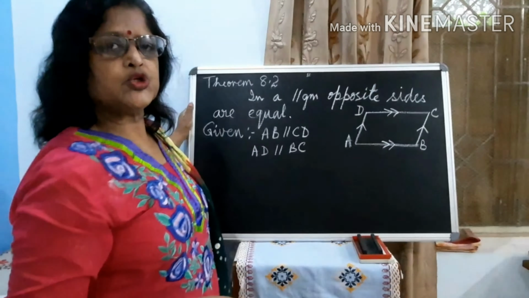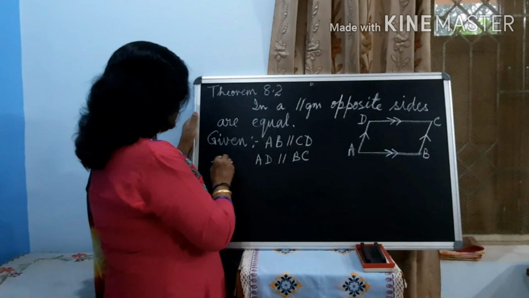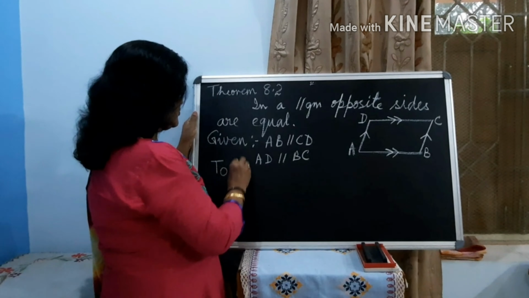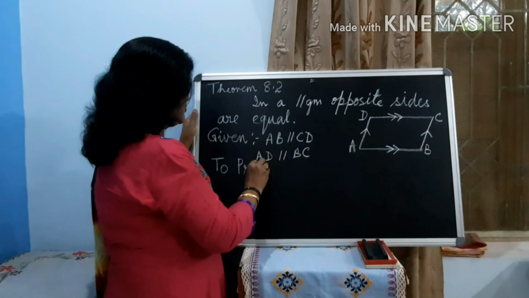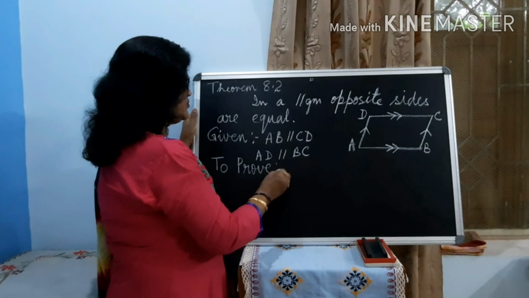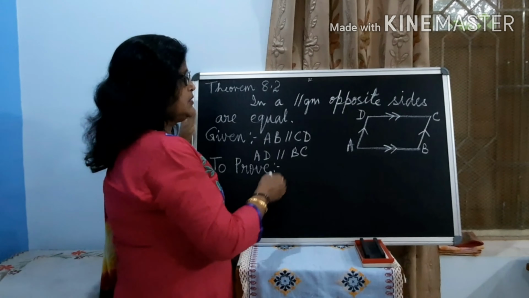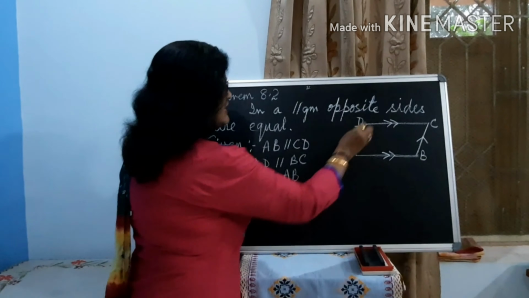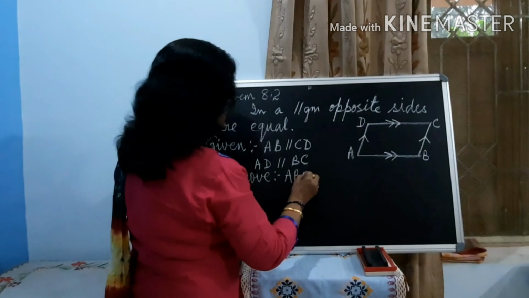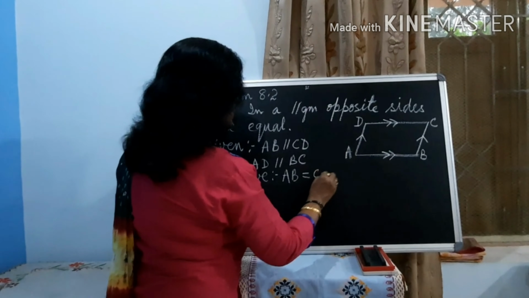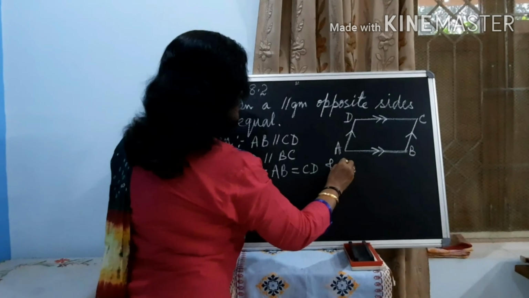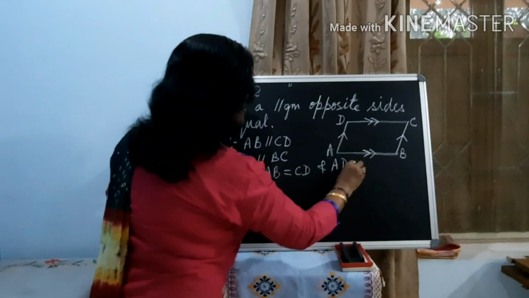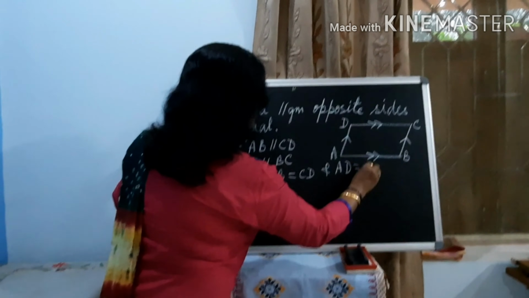Next step comes to prove. What to prove? The same parallel sides are equal, meaning AB equals CD and AD equals BC.